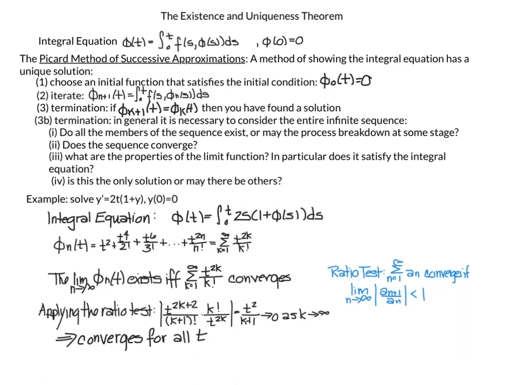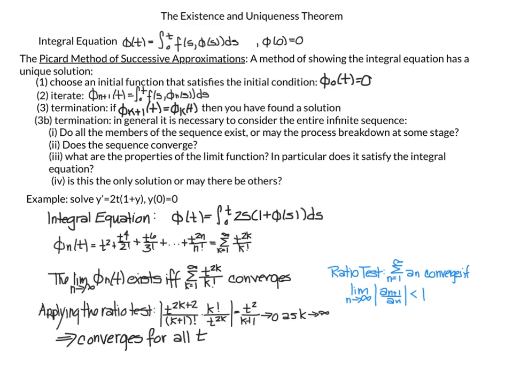And for your reference, in case you forgot what the ratio test was, so if you wanted to know if a series, a sub n, converges, it converges if the limit as n approaches infinity of a sub n plus 1 over a sub n is less than 1. So you can do that here.